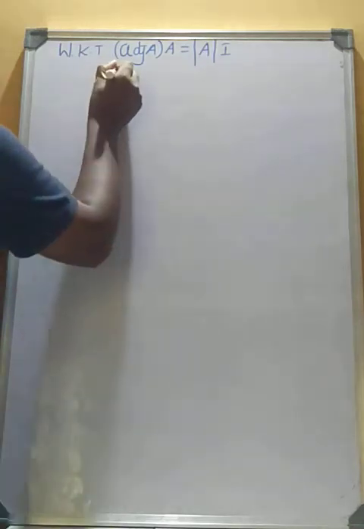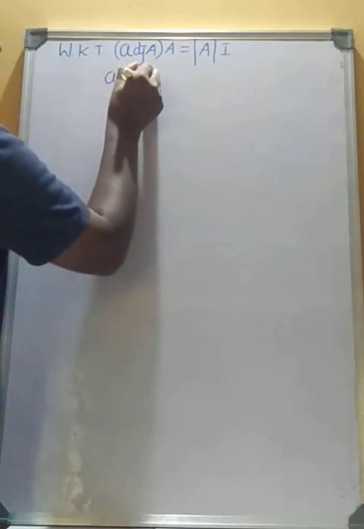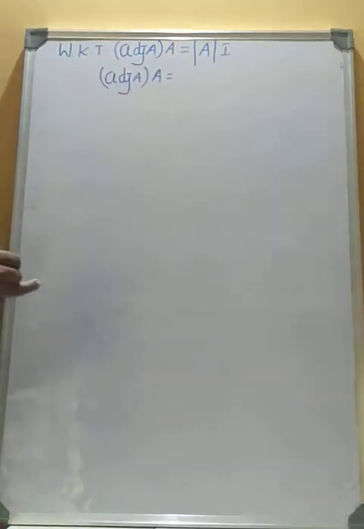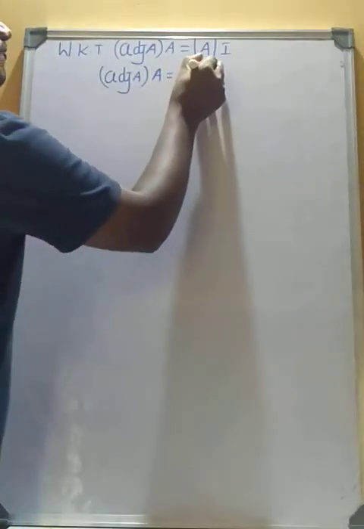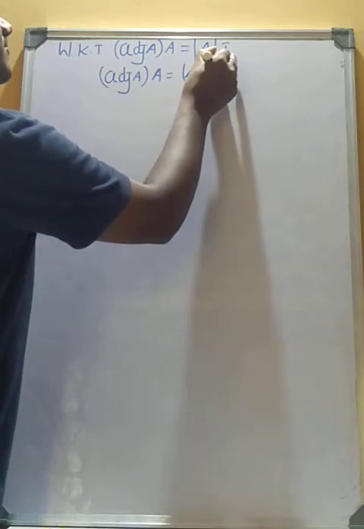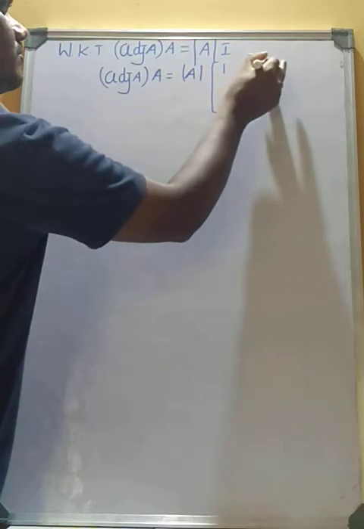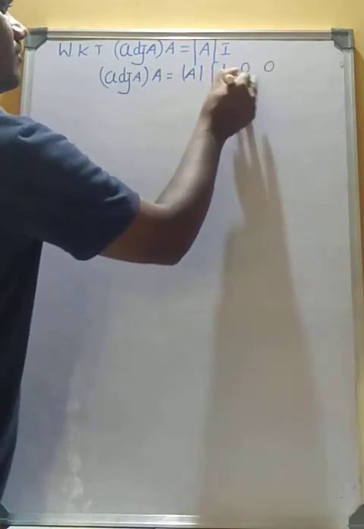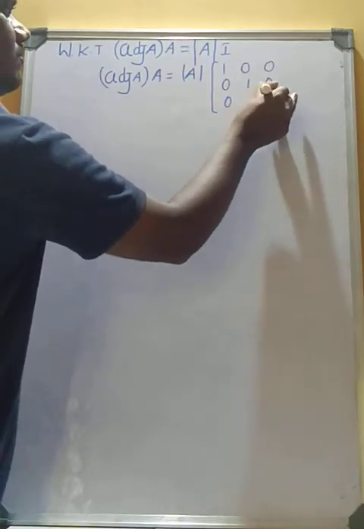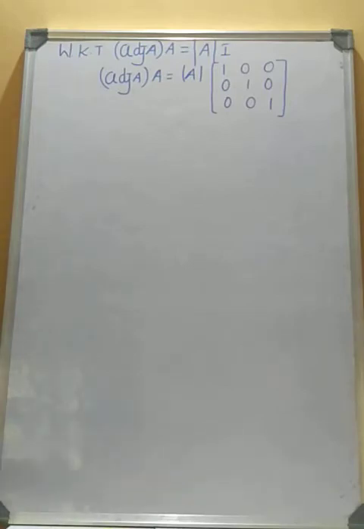Then adjoint A into A equals determinant of A. I is the identity matrix, that is 1, 0, 0, 0, 1, 0, 0, 0, 1, the matrix of order 3 cross 3.